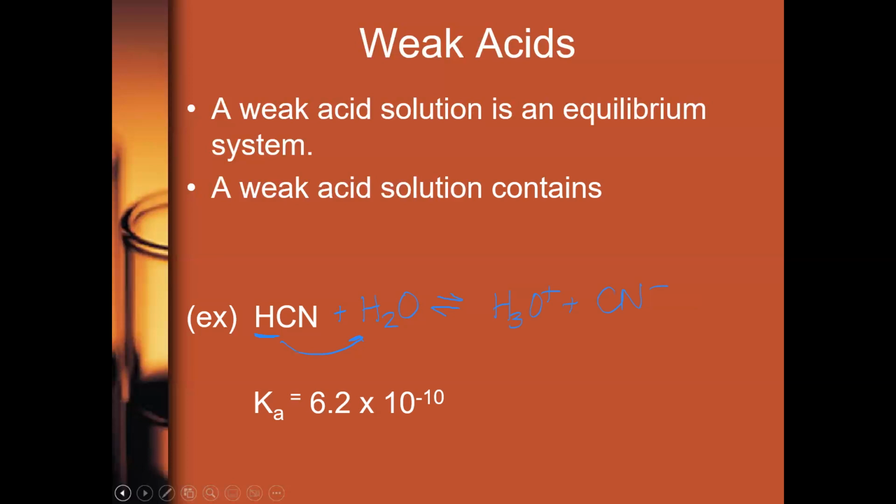So we're going to have a lot of reactants here and not a lot of products. So our K value, and notice this is a Ka value because it is measuring the constant for the acid, is less than 1. It is a decimal number with a negative exponent. So that's a clue that this is a weak acid.